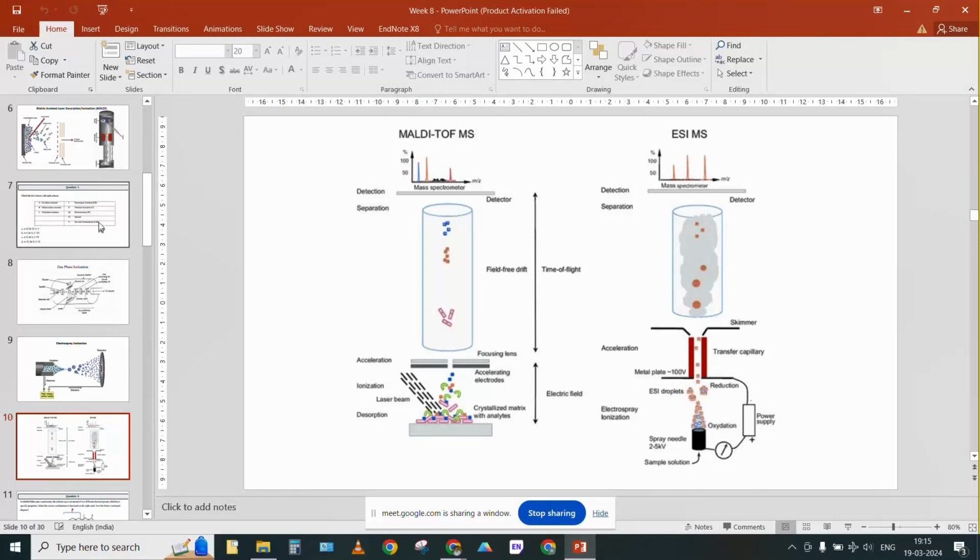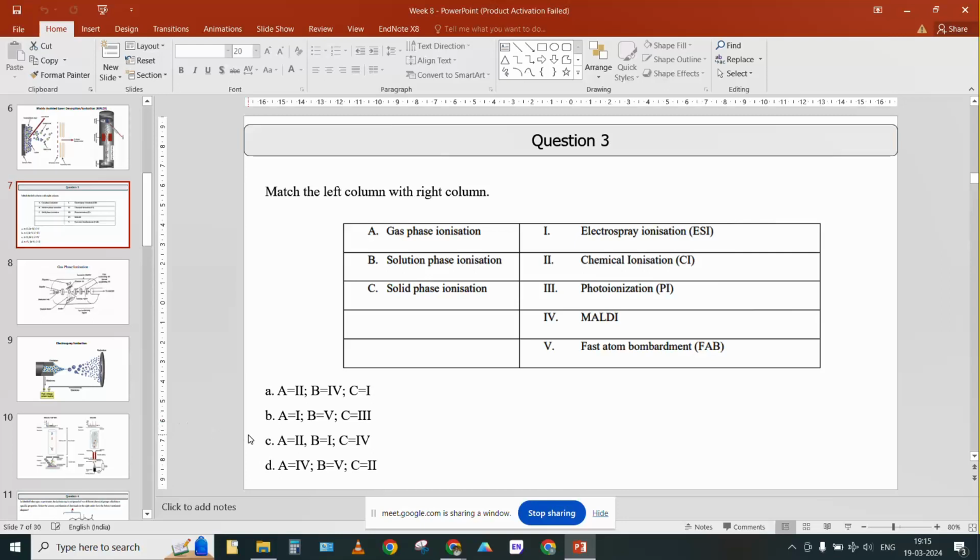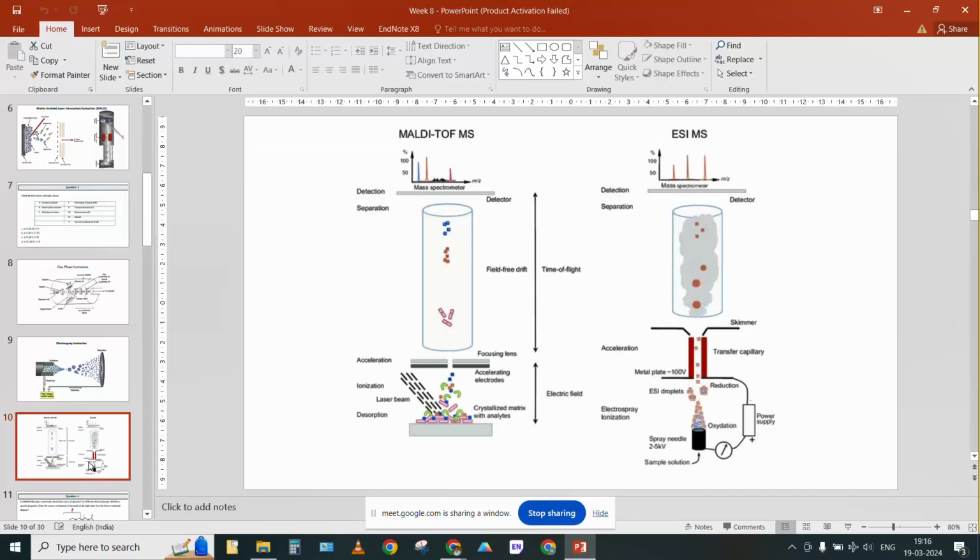And the last option in the table is solid phase ionization. Solid phase ionization involves the generation of ions within solid materials. This phenomenon is observed in various techniques. In semiconductor devices such as transistors and diodes, solid state ionization occurs when impurities or dopants introduce additional charge carriers, either electrons or holes, into the crystal lattice, thereby altering its electrical conductivity.